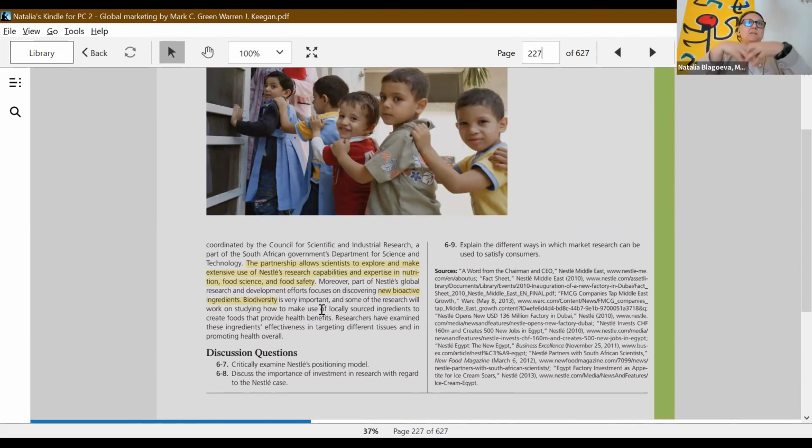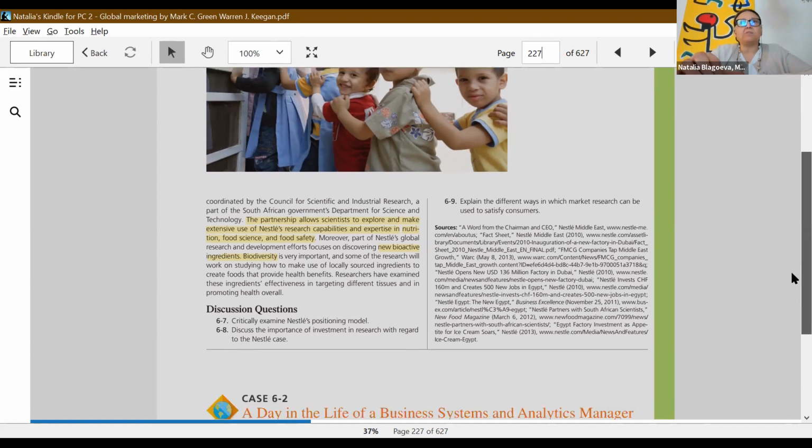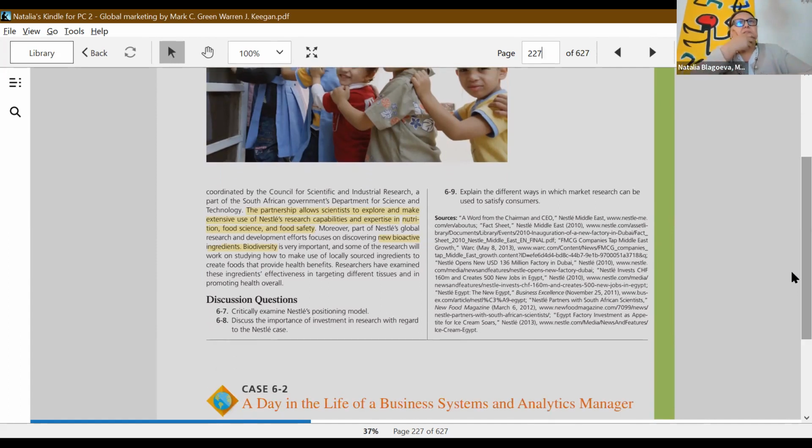So they not only invest in research and development, but they allow local scientists to use their resources. Out of this collaboration we can see advancement in the area of health. They're also discovering new bioactive ingredients. In general, biodiversity is a subject that is being discussed lately and is of great importance for our health.